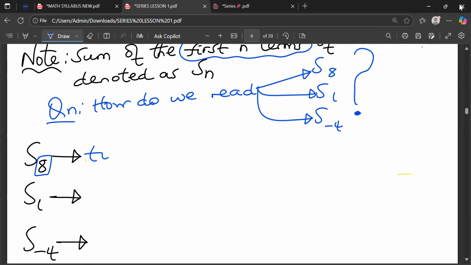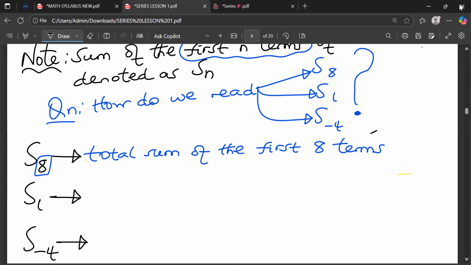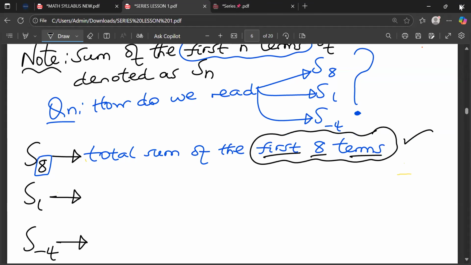Say total sum of the first 8 terms here. That is the keyword, first 8 terms.